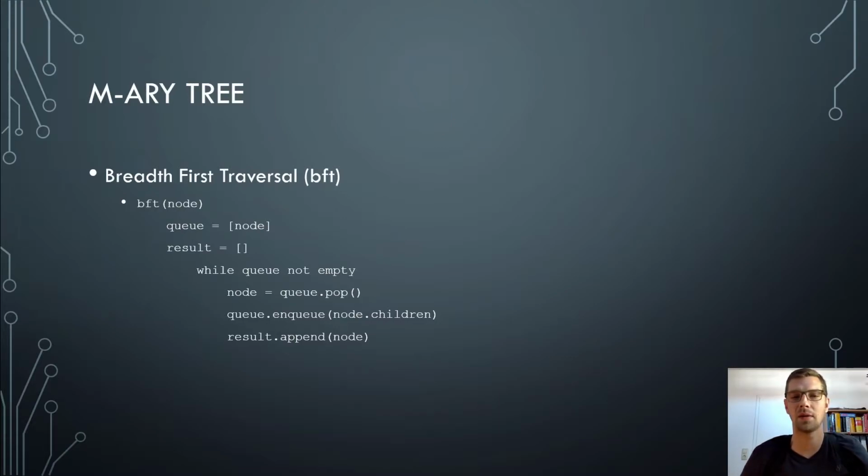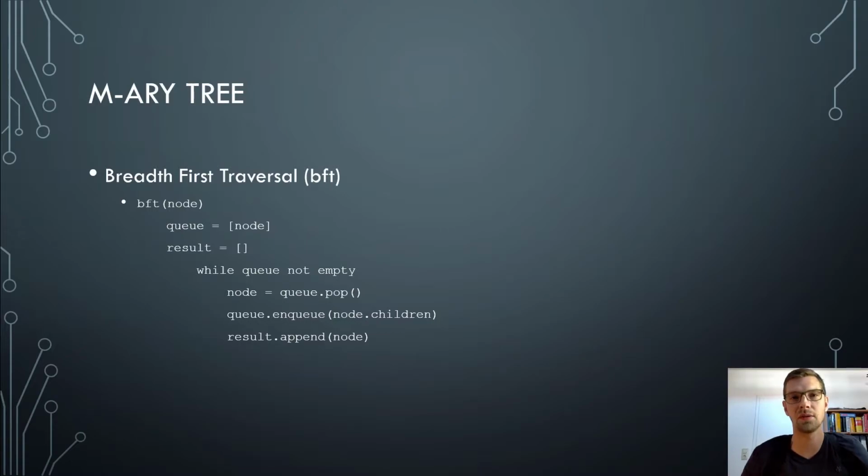Then we say while our queue is not empty, we take the children of the node. Obviously they have to exist. It is not allowed that there are none, otherwise we will run into an endless loop. We enqueue them to our queue.